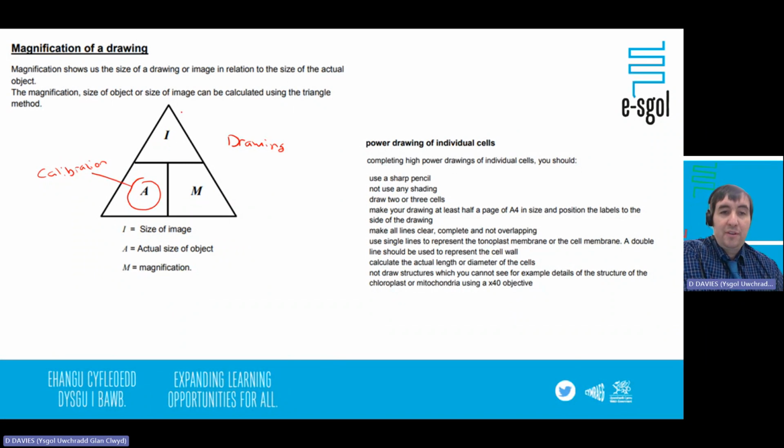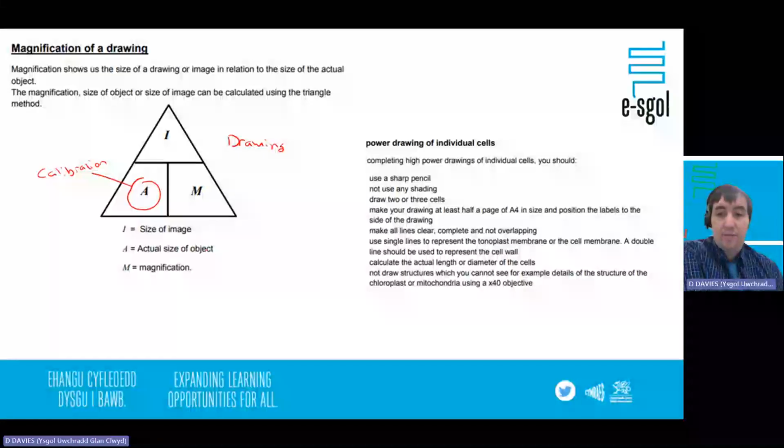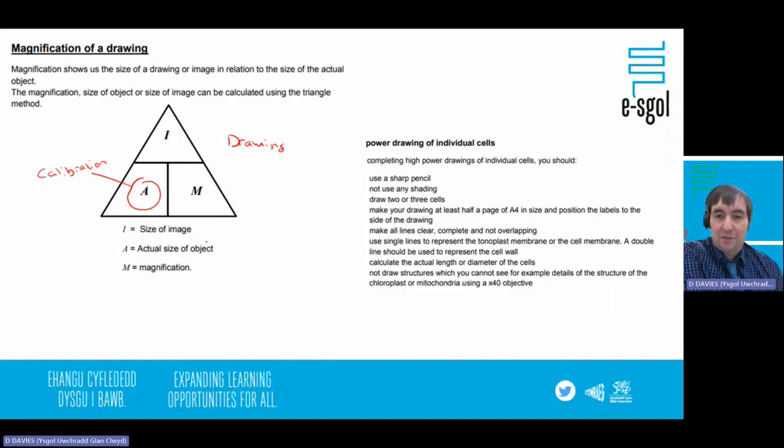Those are the two formulae that you need. The actual size is image divided by magnification. Magnification is image divided by actual.